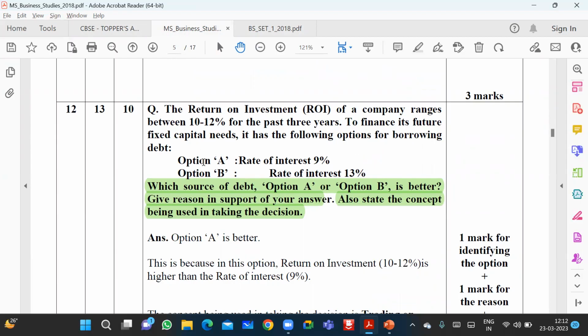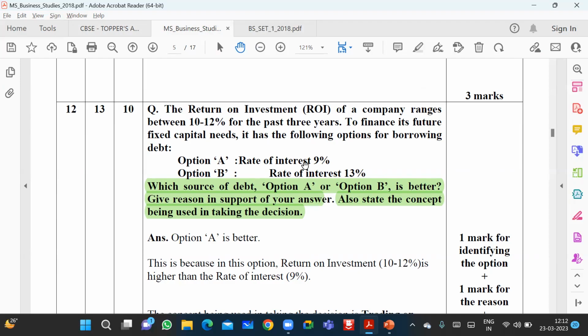Option A is borrowing money carrying a rate of interest of 9%, and under option B, the rate of interest is 13%. So we should know that if we have to avail the funds from the debt component, in order to provide the benefit to the company and to the equity shareholders, the ROI must be more than the rate of interest.